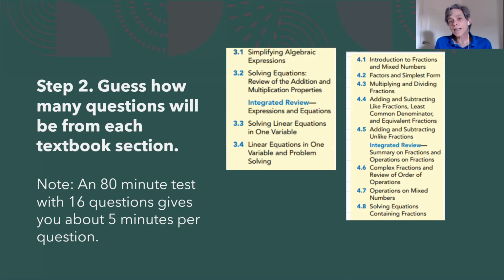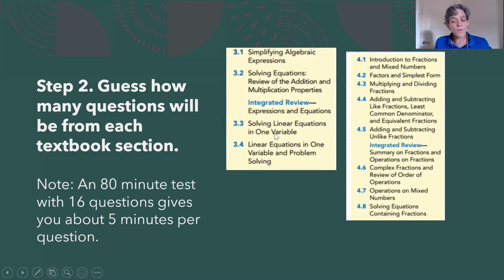Okay, so let's say that your instructor has told you that the test will have 16 questions. And just for fun, let's say that you're preparing for the test on these two pieces of a table of contents from a pre-algebra book. So it covers a little bit about equations and a little bit about fractions. So let's say that, like I said, the instructor has told you 16 questions.